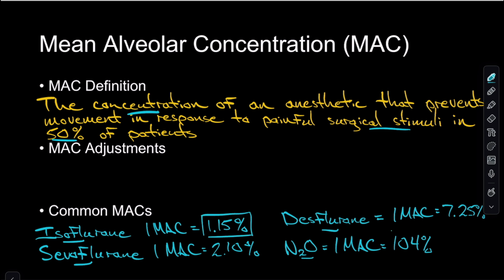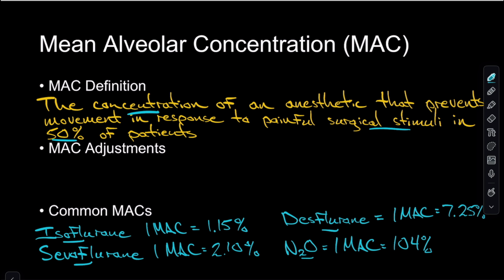Should you use 50% nitrous and then like 0.75% isoflurane, or how should you combine those two? Really confusing if you're looking at the absolute values.